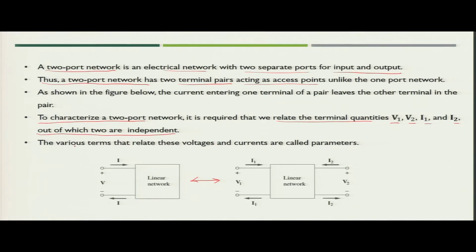Now, when you say circuit parameters, basically the various terms that relate to these voltages and currents are called circuit or network parameters. So, you can say there might be V1 upon I1, V2 upon I2, I2 upon V2, I2 upon V1, and so on. There would be multiple circuit or network parameters which we need to find out.